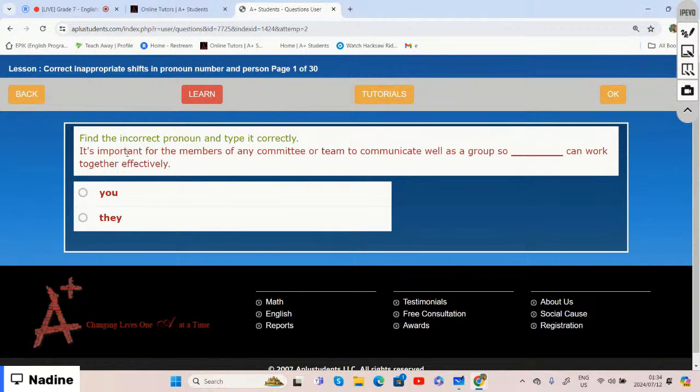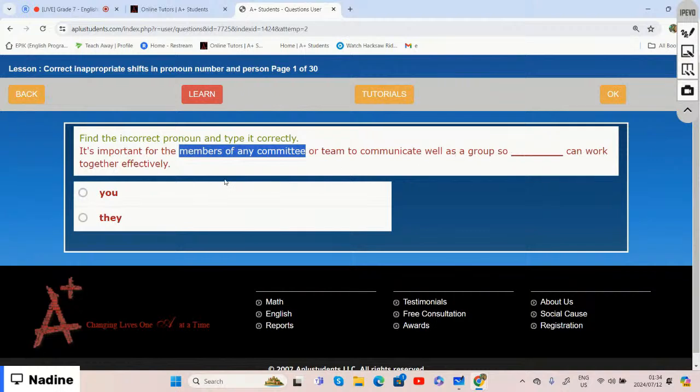So we say it is important for members of any committee. It refers to more than one member. So it's important for the members of any committee or team to communicate well as a group. Do we say so you can work together effectively?